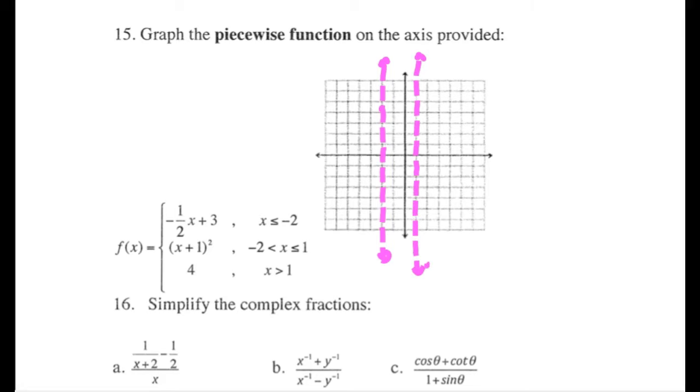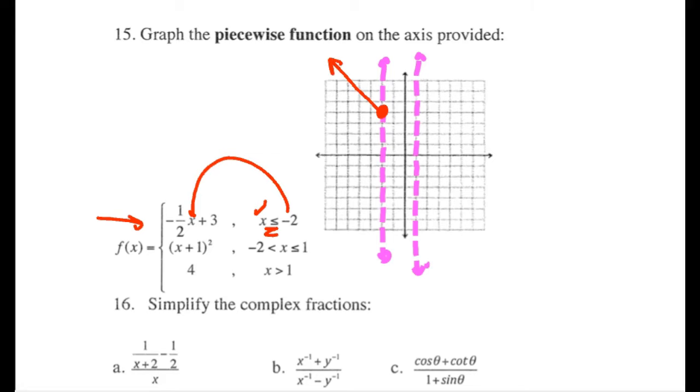And then I'm going to graph these in different pieces. The first one's a line. I like to put the boundary in, and this is an equal, so I'll put a solid dot at -2. When I put that in, it'll pop a 4 out. So at -2, 1, 2, 3, 4, I put a solid dot. And to the left of that, I draw this line. Well, that line would have had a y-intercept of 3 and a slope of -1/2.